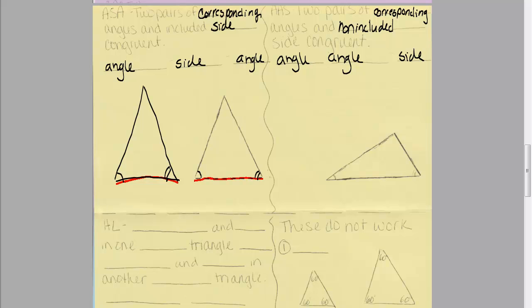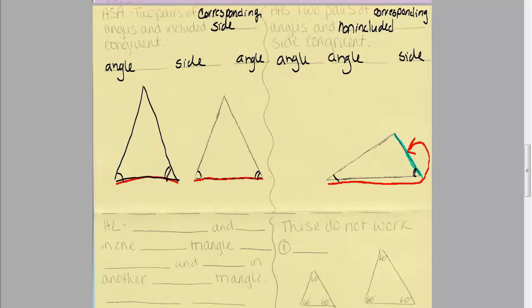So you know that you have two angles, and then a side that is not directly next to them. So angle, angle, and then the side. They go in that order. So we actually know that this side over here is congruent.